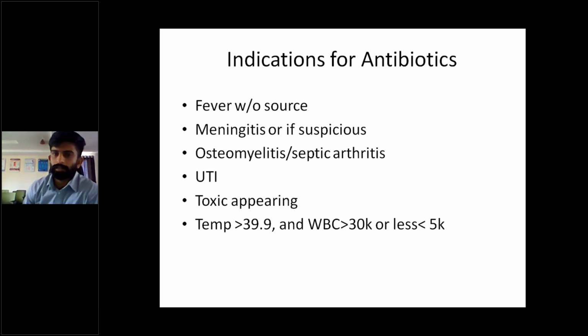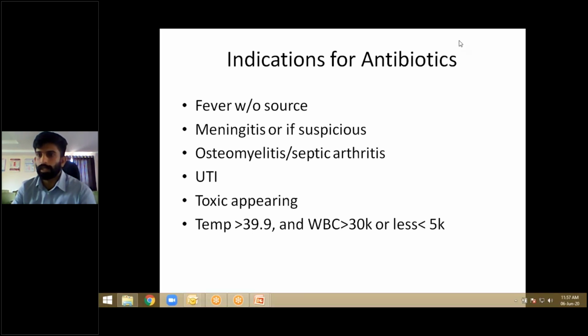Osteomyelitis or septic arthritis from Salmonella can also be seen, and you have to give an antibiotic there. UTI requires an antibiotic for sure. A toxic appearing child or patient requires an antibiotic. If the temperature is greater than 40 degrees Celsius, or WBC greater than 30K or less than 5K, you need to give an antibiotic.